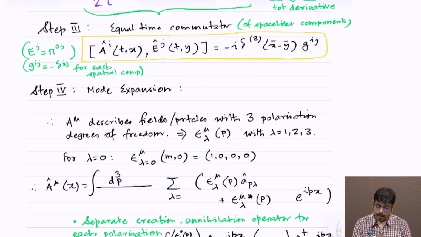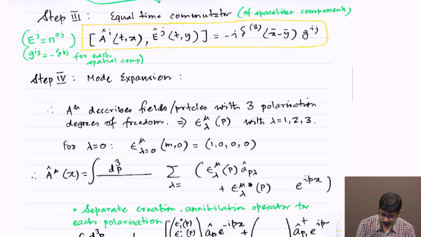Now, once you have imposed this, you have to argue why these fields are now operators. How is it possible? The explanation is that you do a mode expansion of those fields in terms of creation and annihilation operators. As you remember, the way we described the fermionic field was with respect to the spinors.